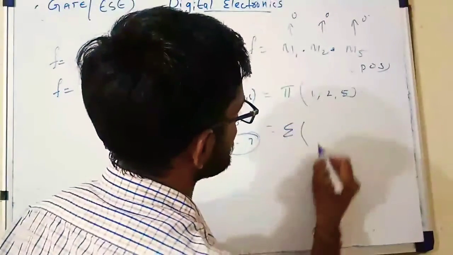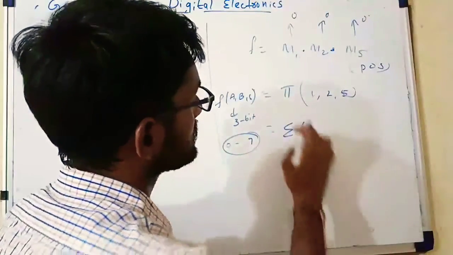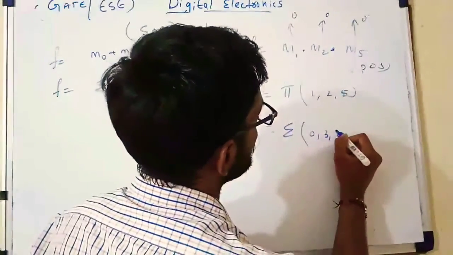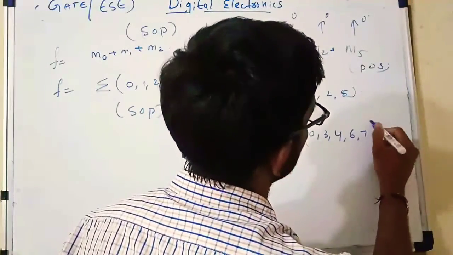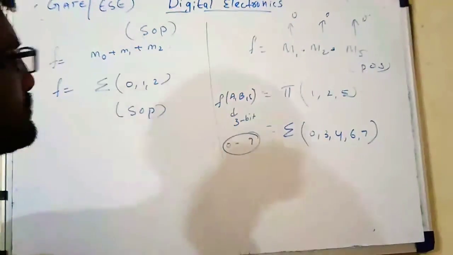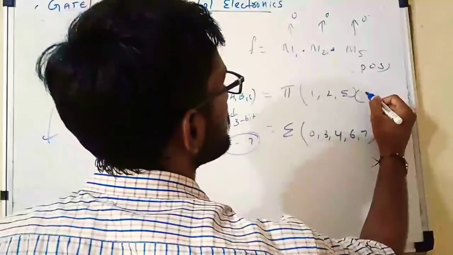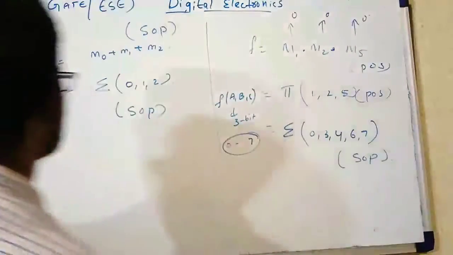This can also be written as sum of 0, writing the terms that are missing in the product term: 0, 3, 4 and 6, 7. These are the missing terms. This is also equal to this, both are the same. Similarly, this is in terms of product of sums, this is in terms of sum of product terms.